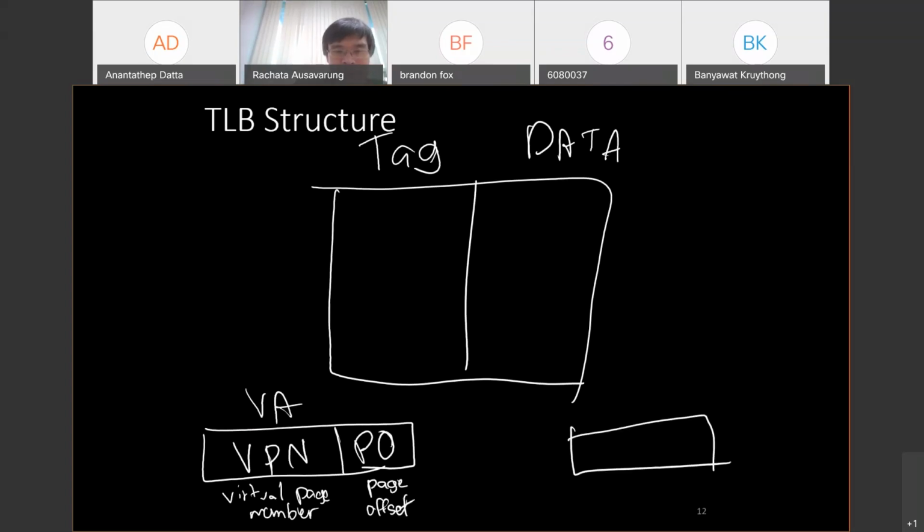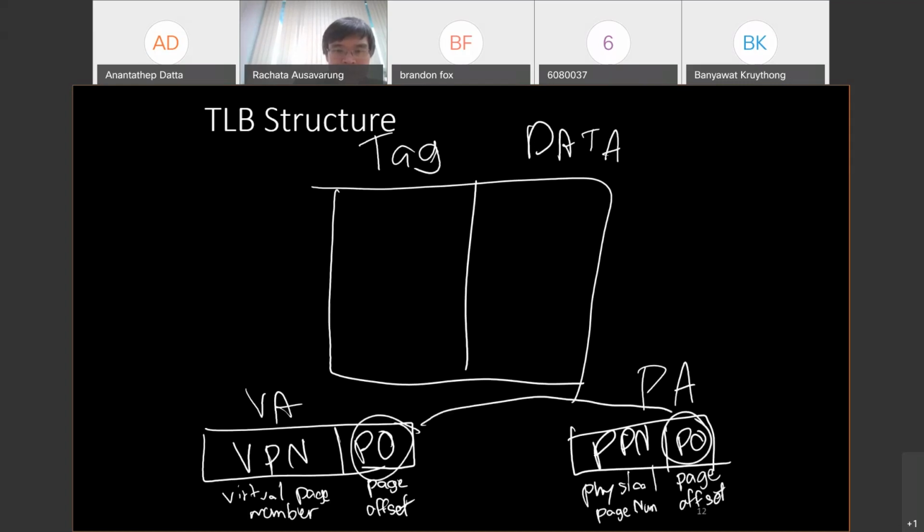On the physical address side, you have the physical page number and the page offset. These page offsets are the same exact number from virtual address to physical address. So my question is, what do you need to put in the tag and what goes into the data? What is the key? What is the data in my map?